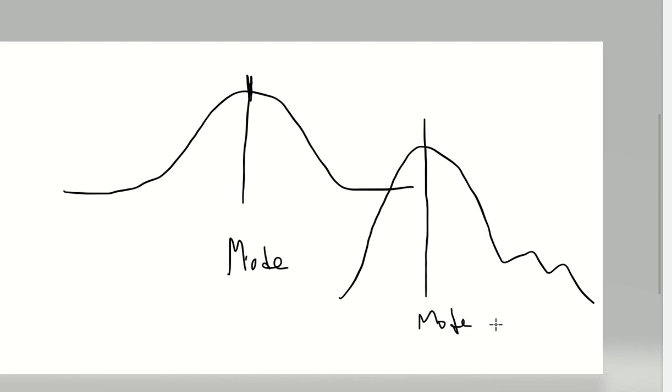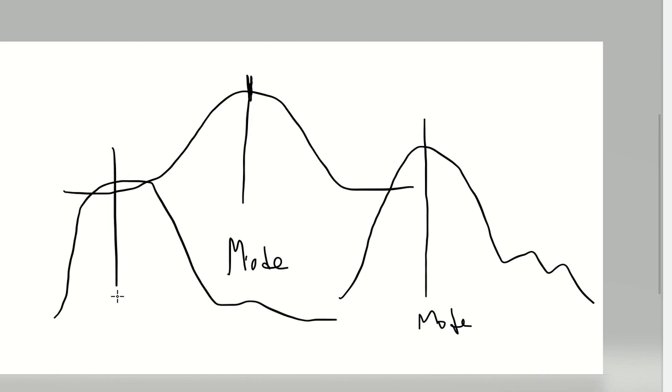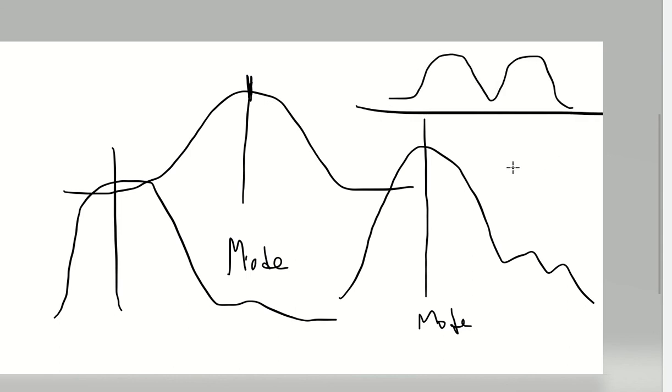If a data is drawn and it only has one top, we talk about the data being unimodal. But if you draw the data and it has two or more tops, we talk of bimodal or multimodal data, meaning the presence of more than one mode. Modes are not used a lot. We use much more the mean and the median.